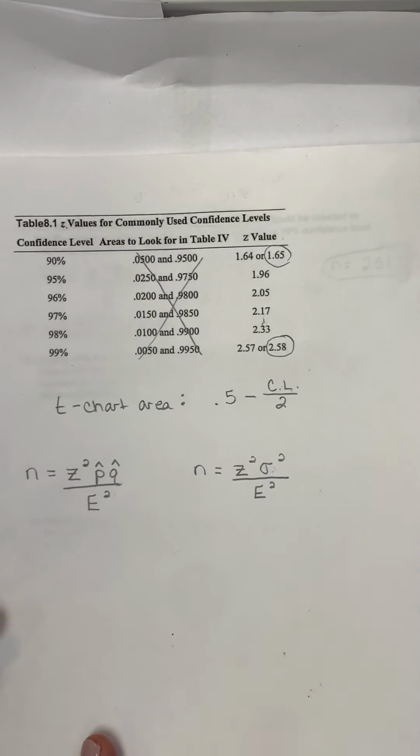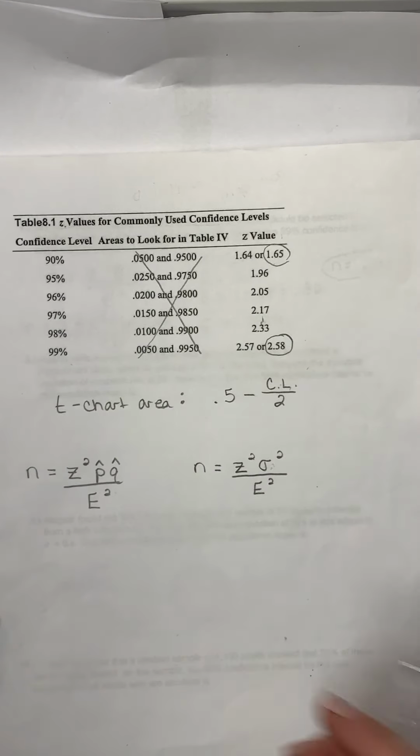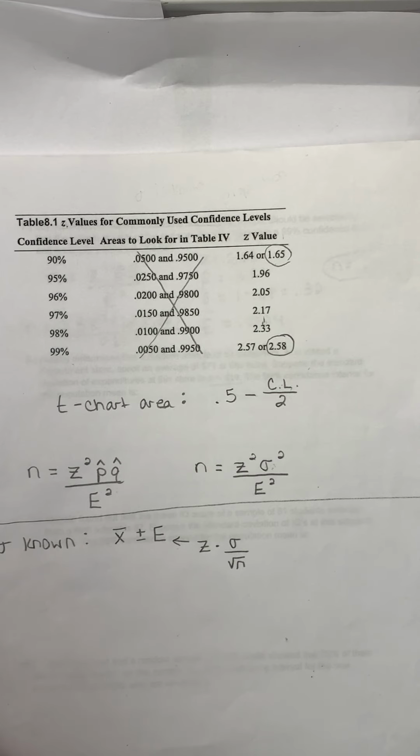Let's go back to our little sheet. We did sample size already. For sigma known, you're going to do X bar plus or minus E. E is going to be Z times sigma over the square root of N. That's how you find a confidence interval for sigma known.